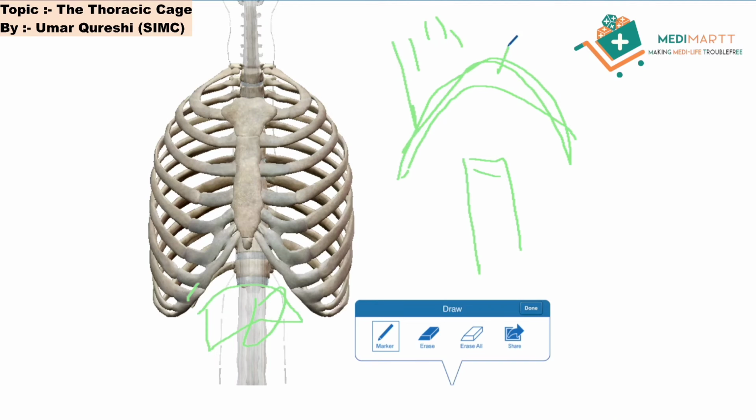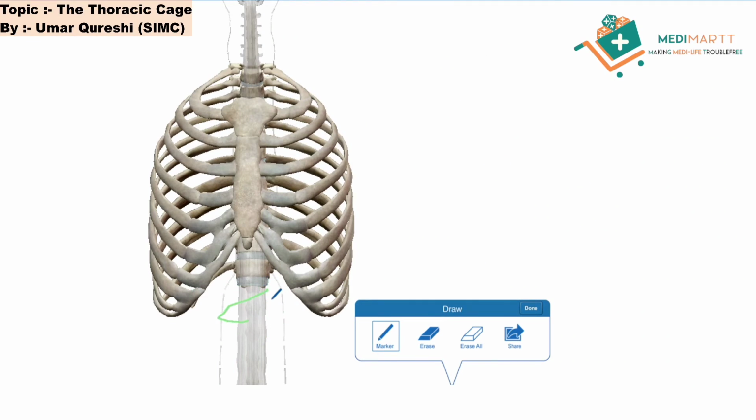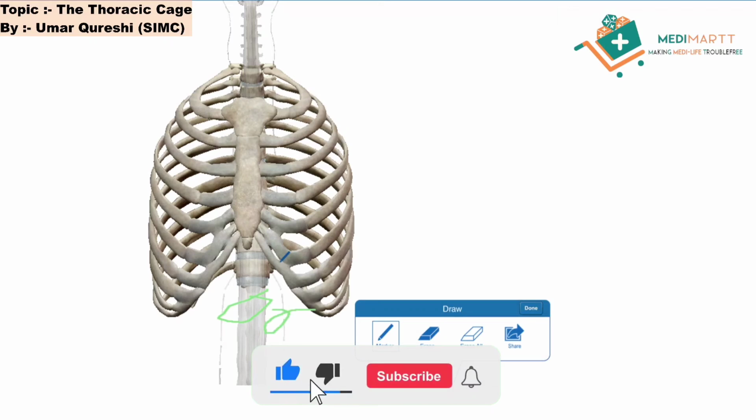So, that is the shelter. Your home is your shelter. So, the stomach, the liver and a lot of organs are present and these organs basically take shelter from this thoracic cage.